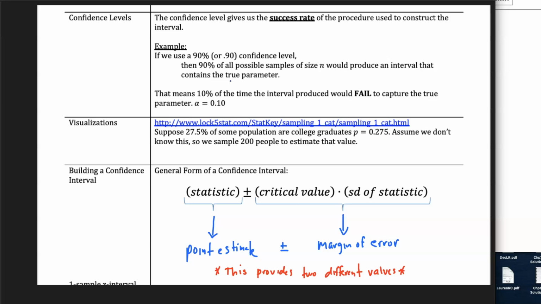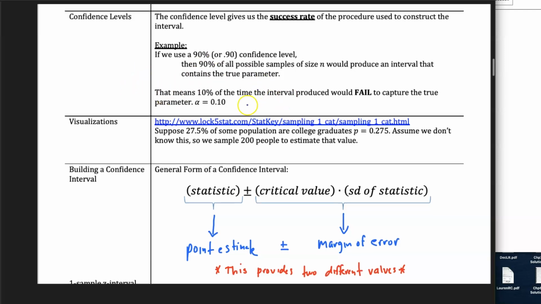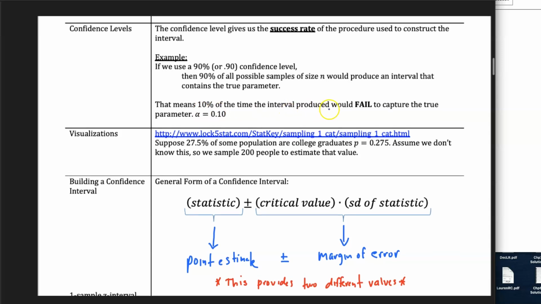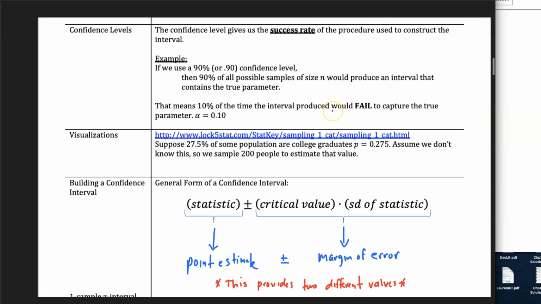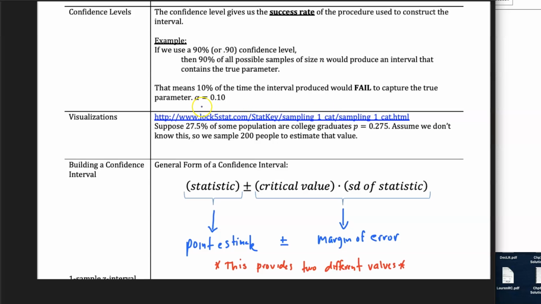Now, again, that sounds very technical, and until we do this, you'll have a better idea of what that means. So you're going to end up coming back to this description. This also means that 10% of the time, our interval would fail to capture the true parameter, and so we call it the alpha level of 0.10. It's again the complement rule.